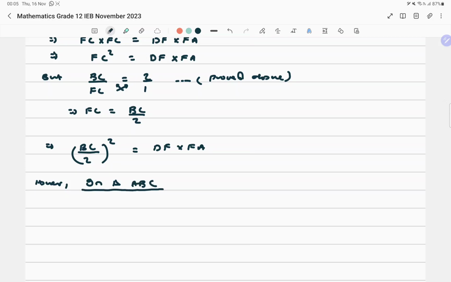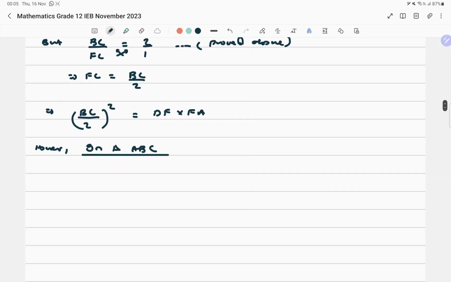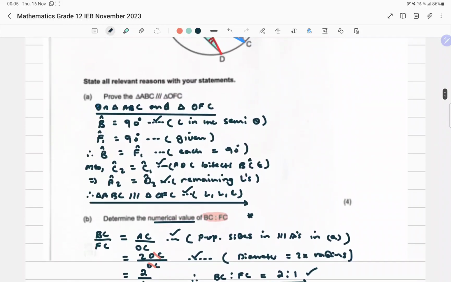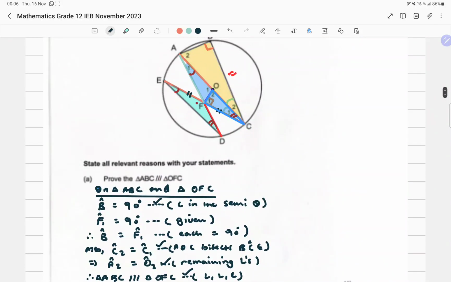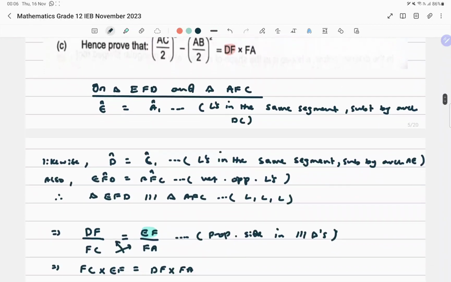ABC, what do we see there? We know without a shadow of a doubt that BC squared is equal to, now we want to substitute, it's going to be the square on AC, right?